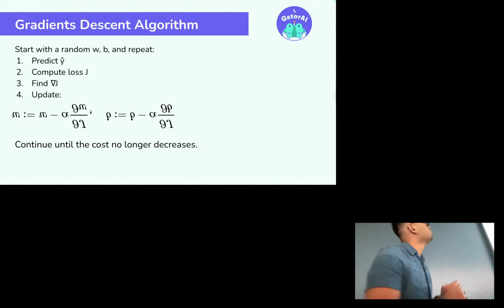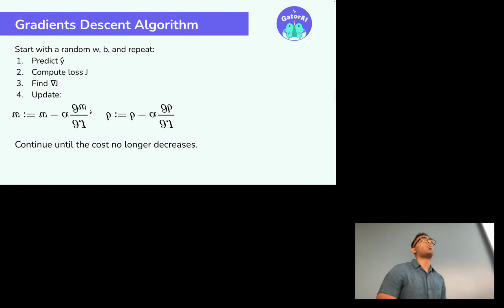So now let's move on to the gradient descent algorithm. So how do you compute the gradient descent? Well, there's a few steps we want to start with. First of all, you want to figure out what your weight is and what your bias is, because once you have your weight and bias, you can predict your y hat, as seen in step 1.